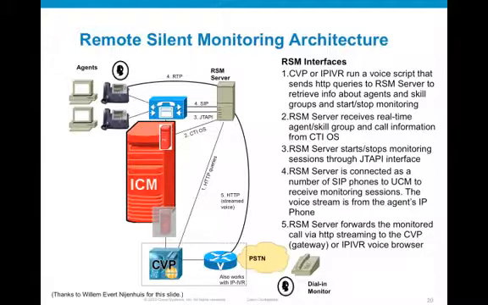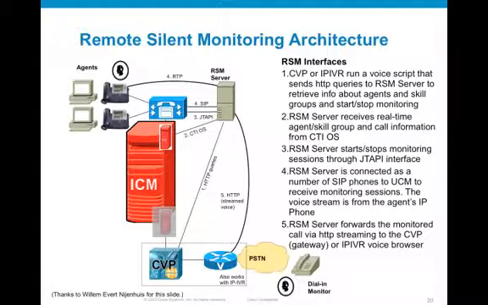In the RSM architecture, one way it is simulating 7941 SIP IP phones to Call Manager, and the other way it is simulating the supervisor desktop to the UCCE environment. RSM leverages the Call Manager silent monitoring feature and invokes this feature by CTI JTAPI connections.